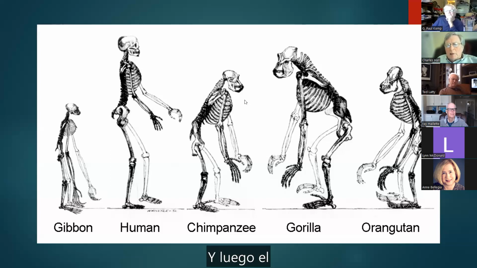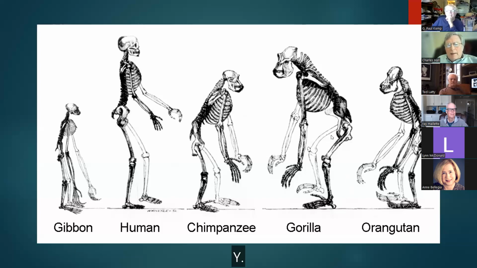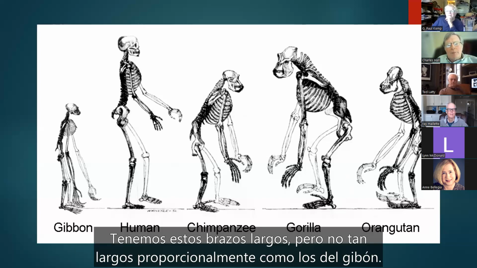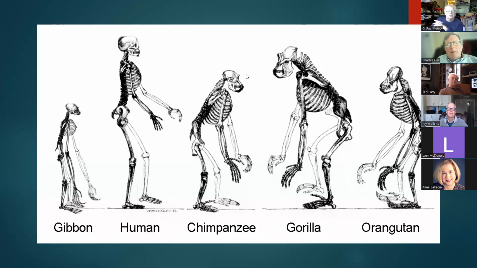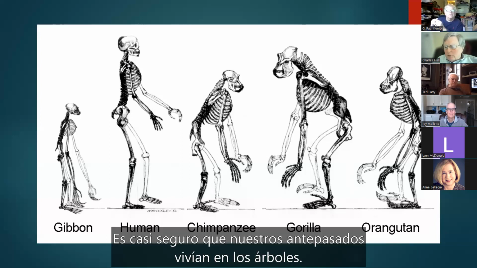And then the chimp is much better at going through the trees than we are, and the gorilla not so well. And we have these long arms, but not as long proportionally as the gibbon, and other features that have occurred as we have gone in and out of the trees, as it were.